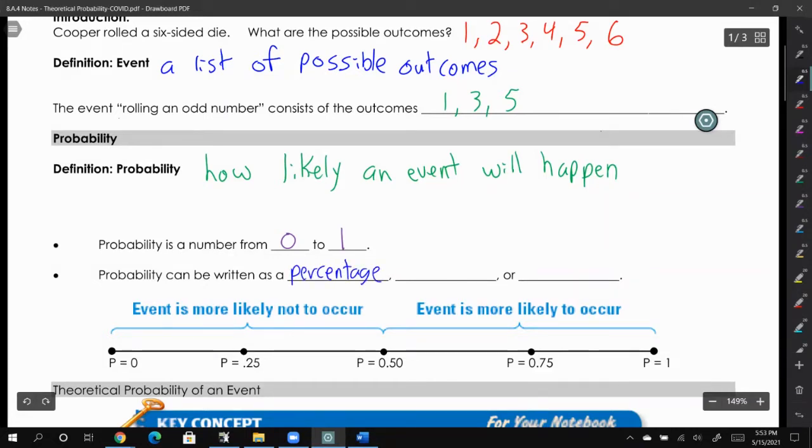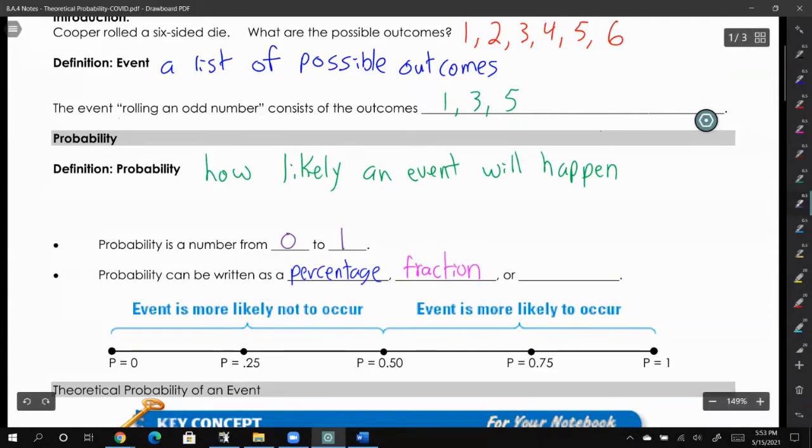You have a 30% chance of rain. It could be written as a fraction. You have a 1/3 chance of getting this answer right, or for guessing on the SAT, guessing a multiple choice answer, you have a 1/4 probability of getting the answer right, or a 25% chance of getting it right.